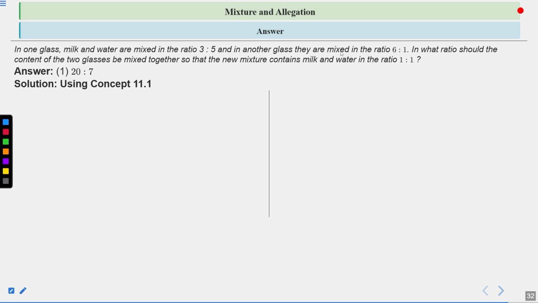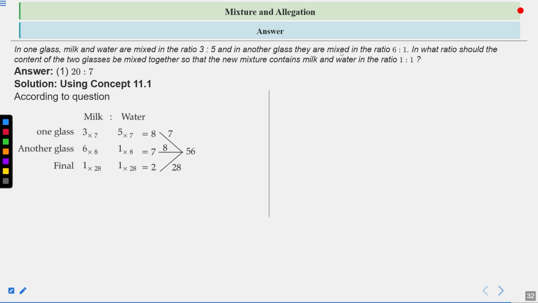Now see the detailed solution using concept 11.1 in this question. According to the question, milk in the first glass is in the ratio 3:5 and the other glass contains 6:1. And finally we need 1:1. So it is necessary that we multiply the total quantities, 8 liters and 7 liters, and 2 liters.